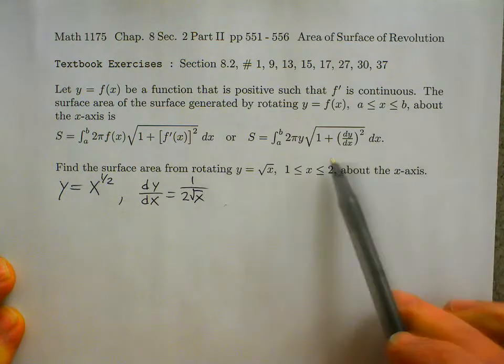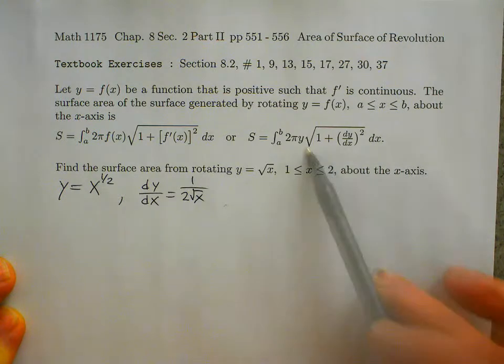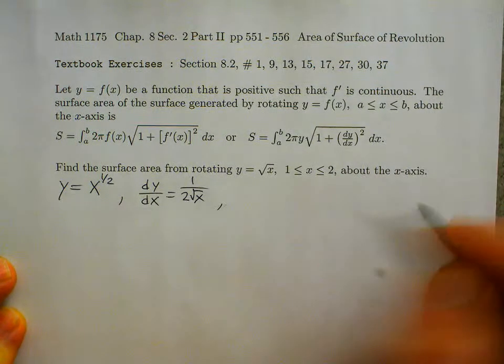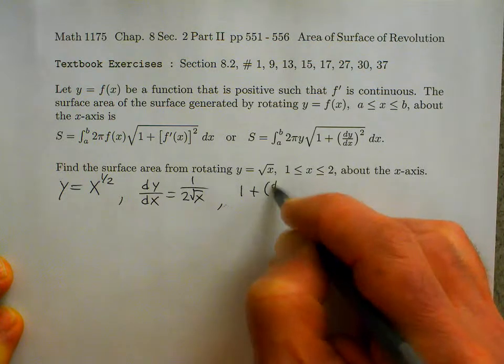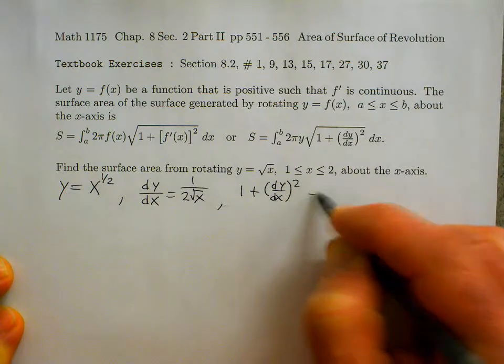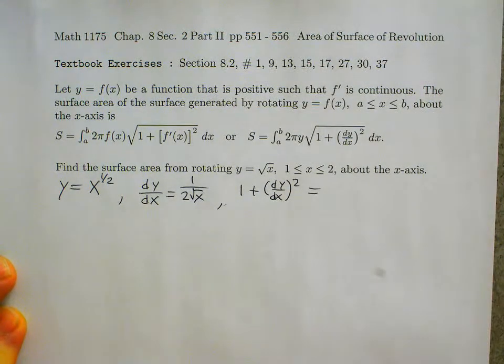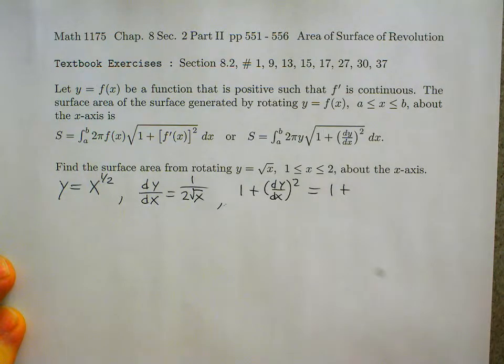So we're going to need 1 plus the derivative squared inside the square root. So let's just find what 1 plus the derivative with respect to x squared is in our preliminary work. So we get 1 plus 1 over 4x.